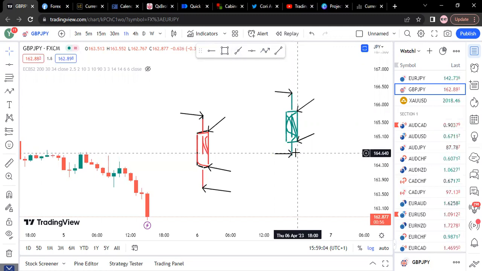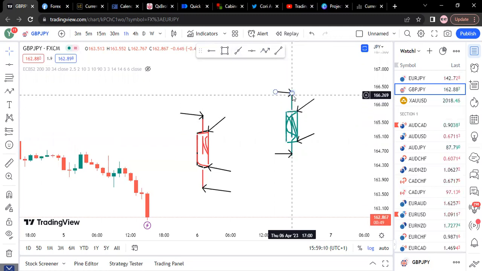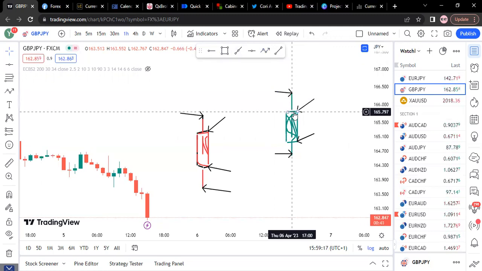They said, no, we can't allow sellers to win over us. They picked up the market and moved the price up to this place. Then the sellers came again and moved the price down to this place. But before they could take any further move, the time for this candle to be formed actually expired.